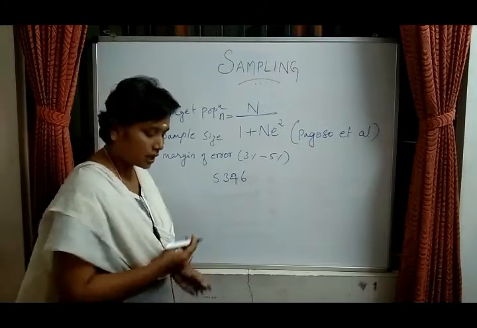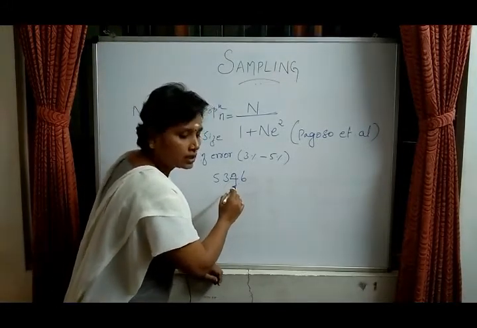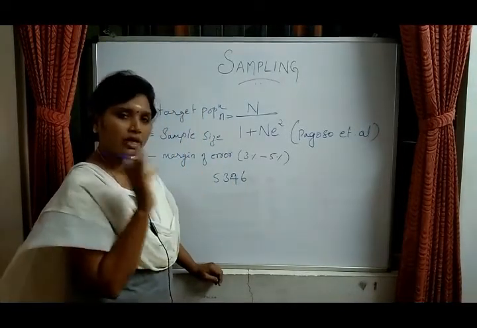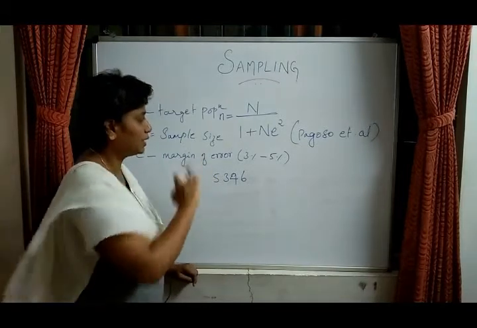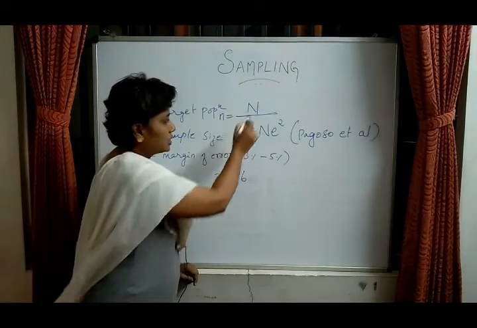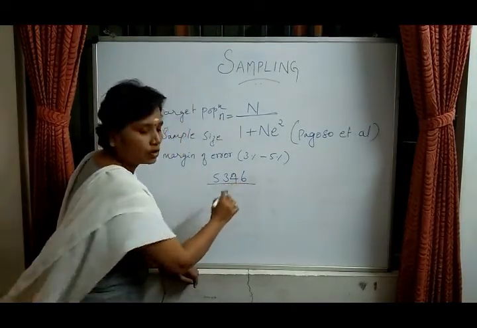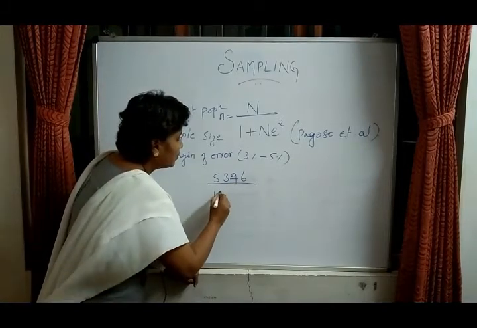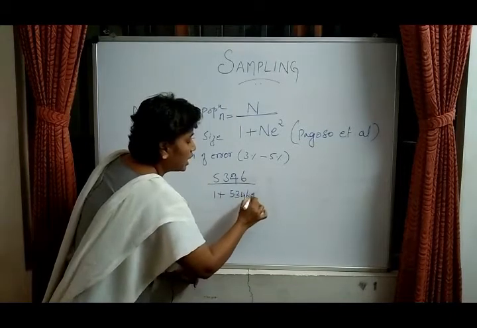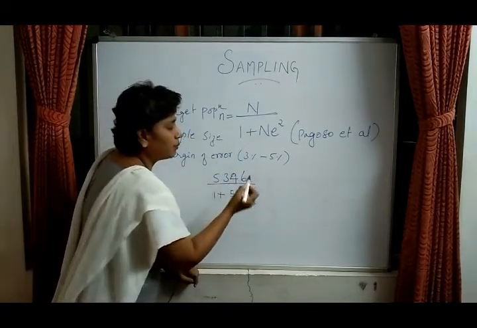Here the target population is 5346. We have to apply it in the formula. The total target population is capital N, 5346, and 1 plus 5346 times the allowable error, for which we can take the minimum error 3%.